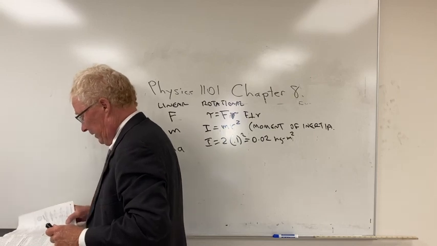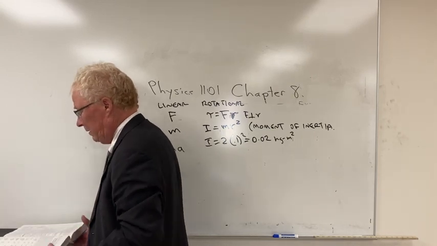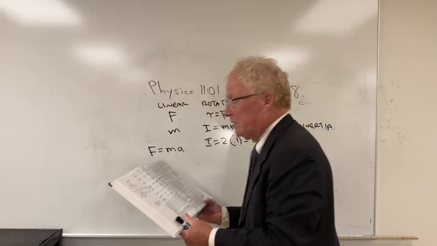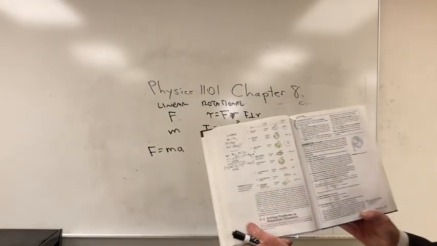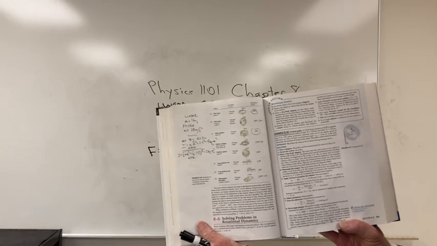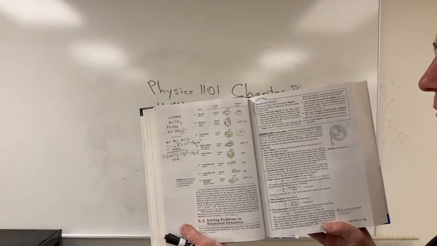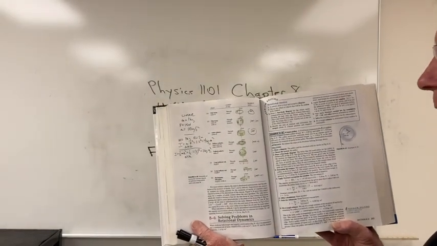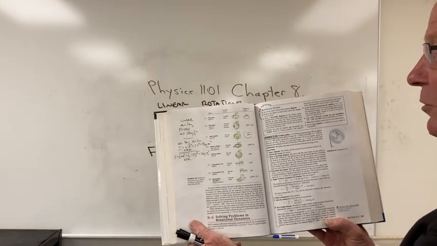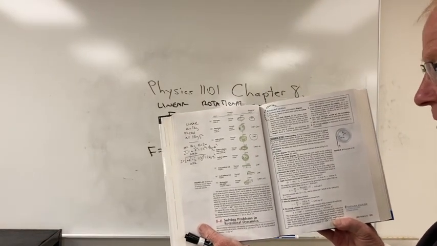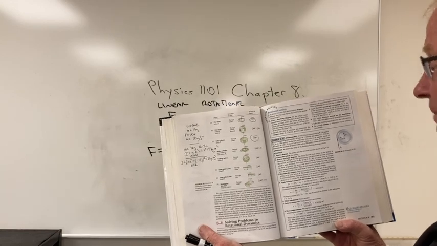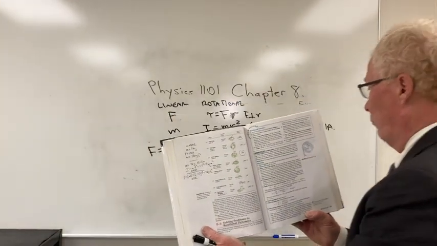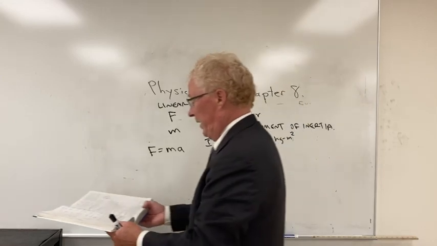How we can do that is on your text in section 8.5 compares. I'm just going to show it for you with examples. Depending on the shape of the object, the moment of inertia changes regardless of the overall radius of the object and the mass.